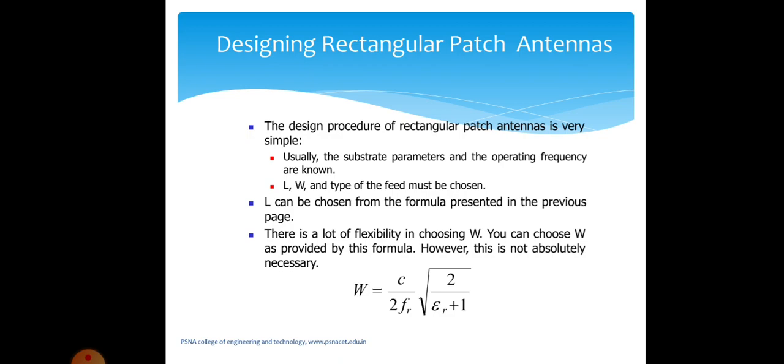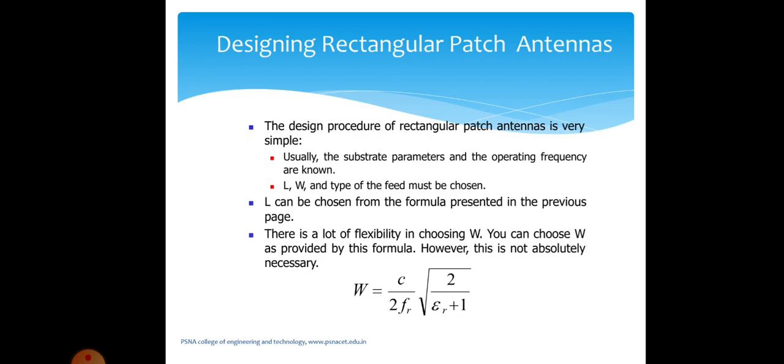Designing a rectangular patch antenna involves the calculation of the length and width. The length and width are the deciding factors, and they involve the wavelength, and the type of feed has to be chosen correctly. The length and width can be calculated using the resonant frequency.